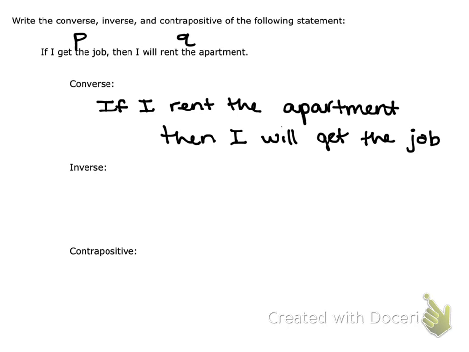So that's converse. Inverse keeps my P and Q in the same spot, but it negates both of them.